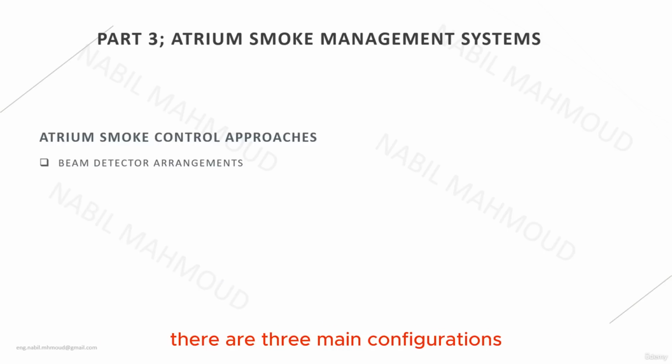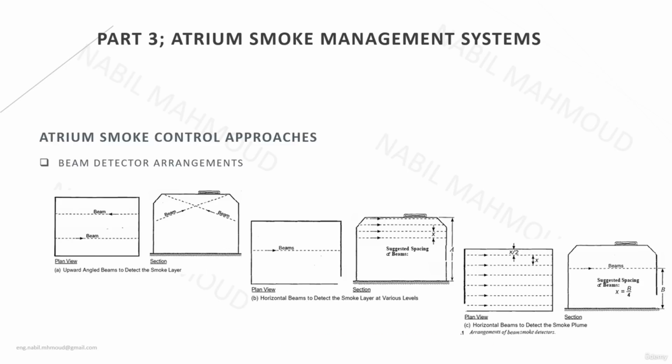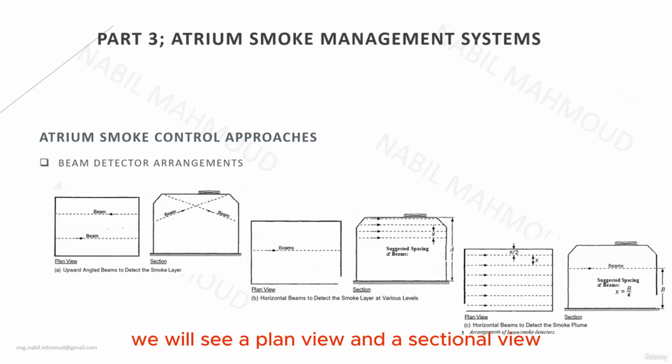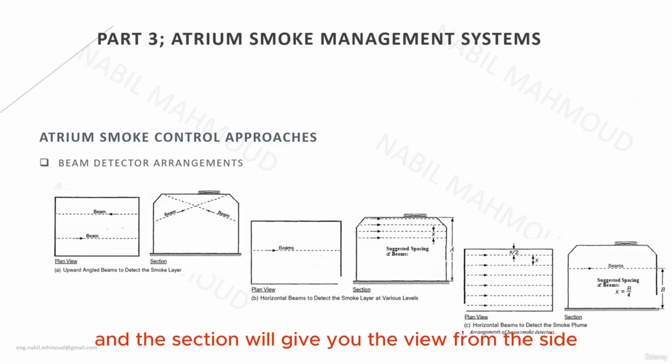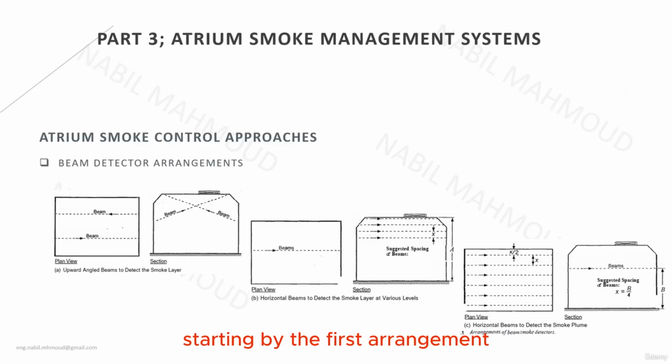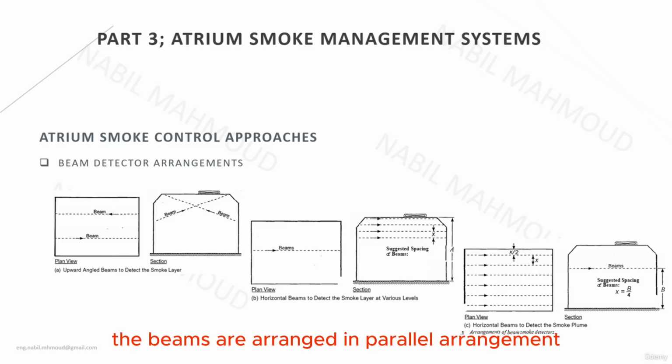There are three main configurations for beam detectors to be fixed in an atrium enclosure. In these three arrangements, we will see a plan view and a sectional view for each arrangement. The plan view will give you the view from above or from the top, and the section will give you the view from the side. Starting with the first arrangement, which is the upward angled beams to detect the smoke layer, we can see in the plan that the beams are arranged in parallel, but they are upward angled in opposite sides, and this is clear in the section.